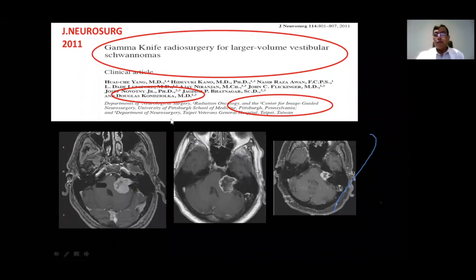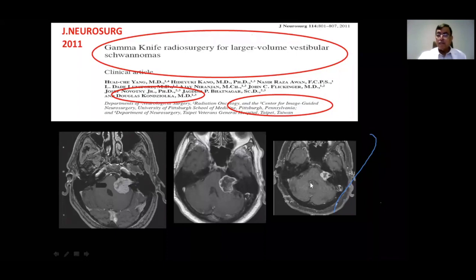From the Mecca of radiosurgery in the States, from Pittsburgh, Pennsylvania, Douglas Kondziolka, who is my friend, gamma radiosurgery for large volume vestibular schwannomas. And you can see this is the tumor, this is the tumor, this is the tumor. Well, maybe good result, but you have left your patient with severe compression for a long period of time.